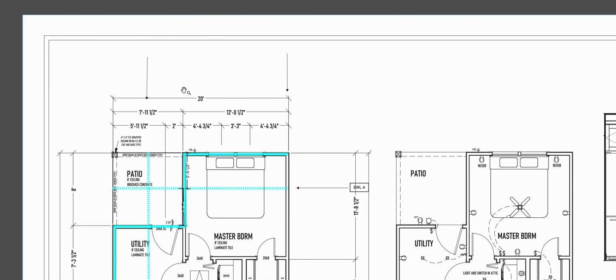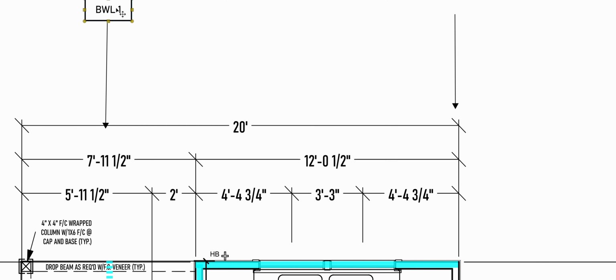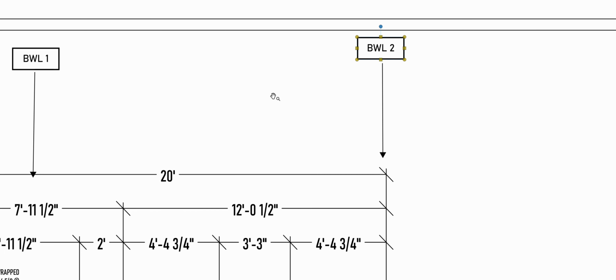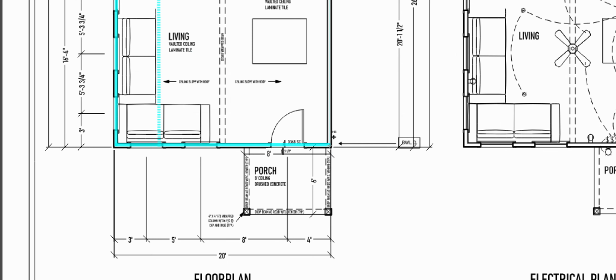So I'm going to be cheating just a little bit there. Copy and paste. This is one. This is two. All right, and I'm going to get that line drawn all the way to there.